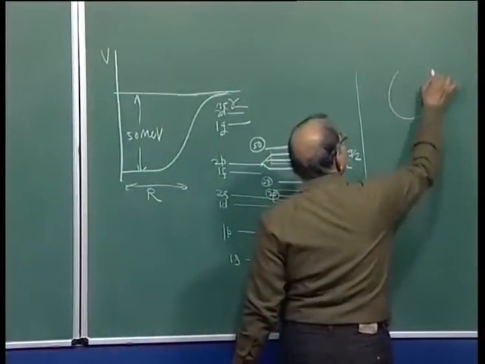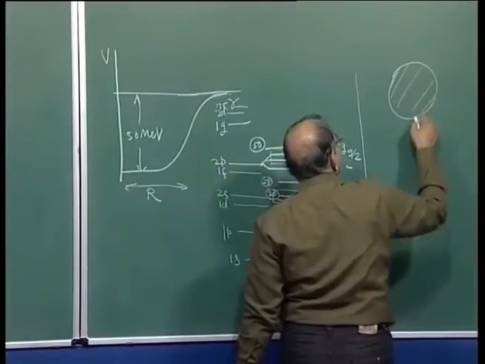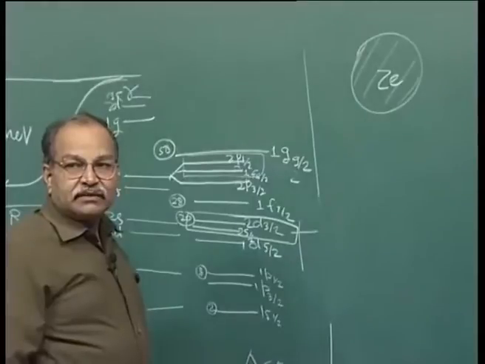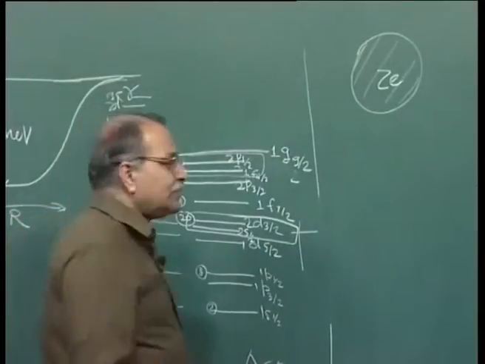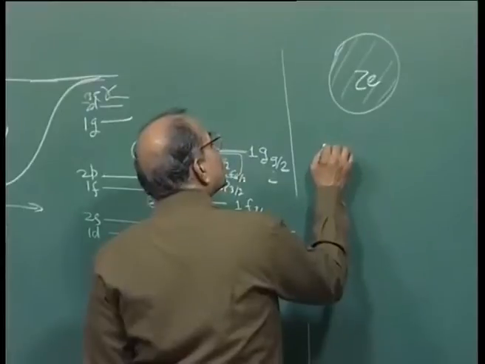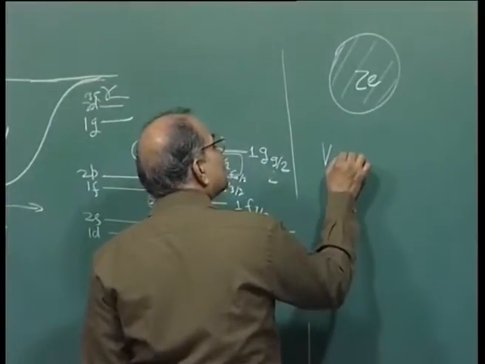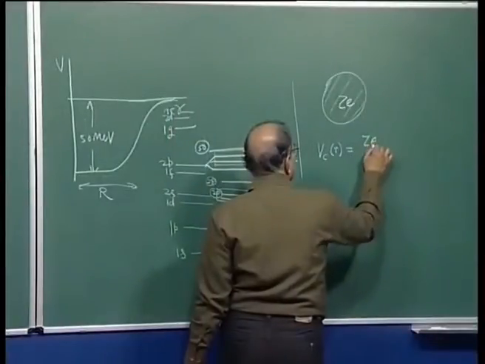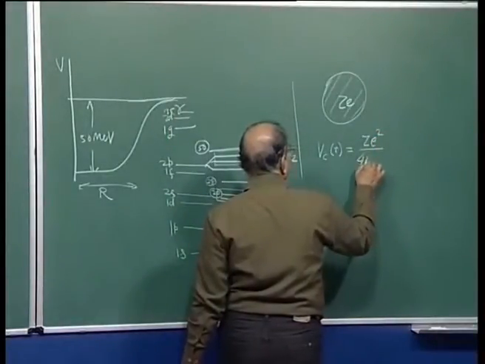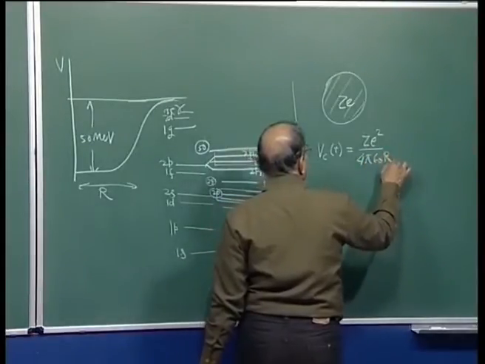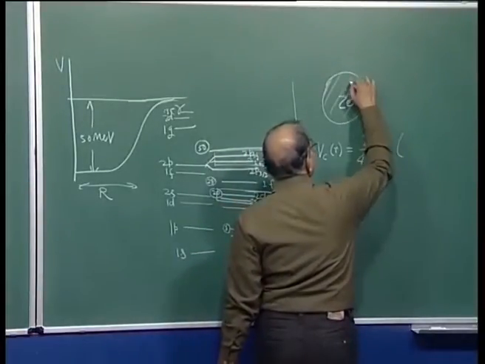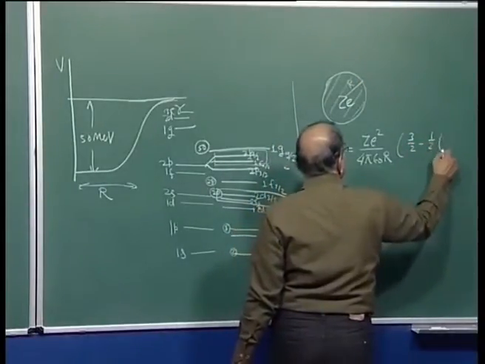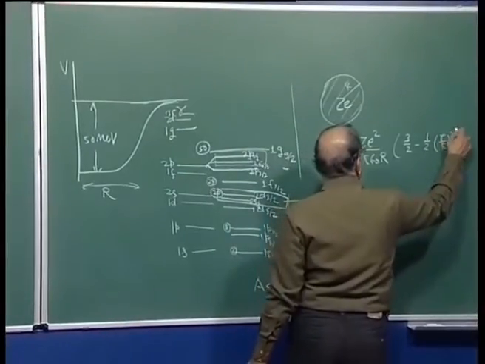If you assume a spherically symmetric charge distribution, Z e, (Z minus 1) e, then the Coulomb potential energy can be written as Z e square over 4 pi epsilon naught capital R, times (3 by 2 minus 1 by 2 r square by capital R square).